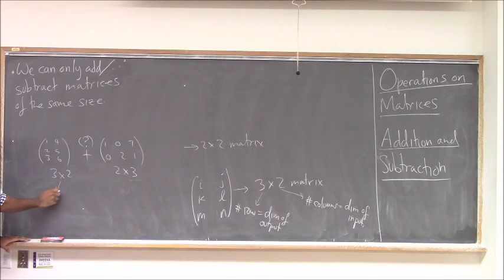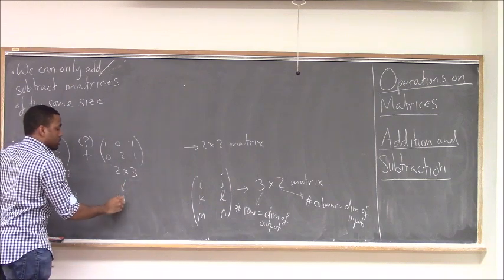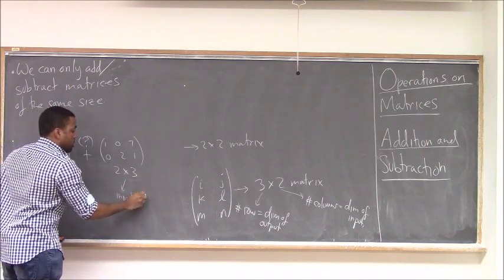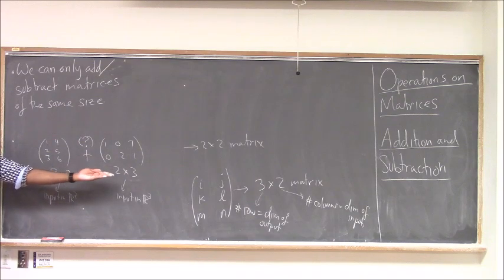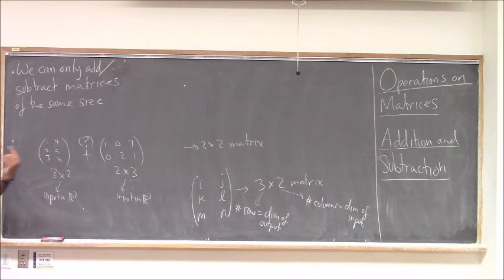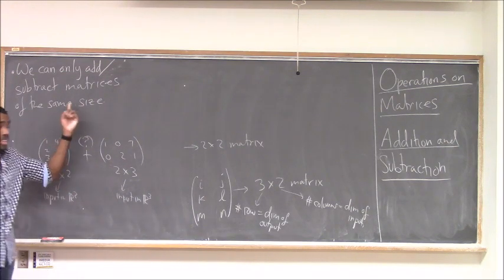Notice that here, this guy has input in R2, whereas this guy has input in R3, right? So adding two things is a matter of adding corresponding inputs and getting a corresponding output, but here the inputs and outputs don't correspond. It's like me asking you to add a two-dimensional vector to a three-dimensional vector. It doesn't make sense. It's not mathematically defined. So they have to be exactly the same size.